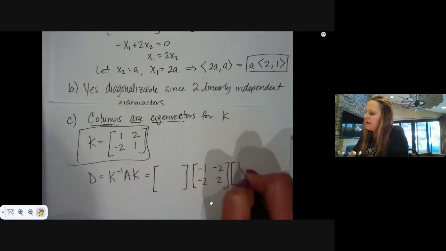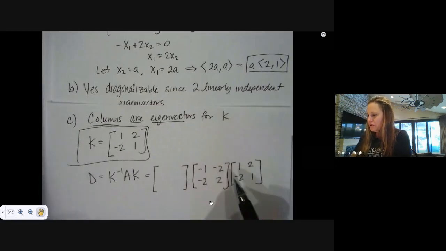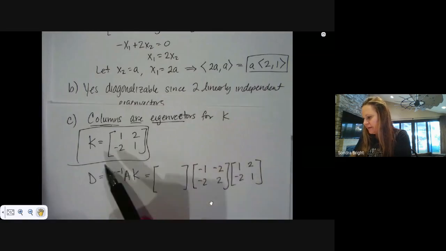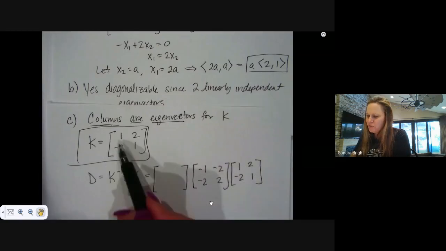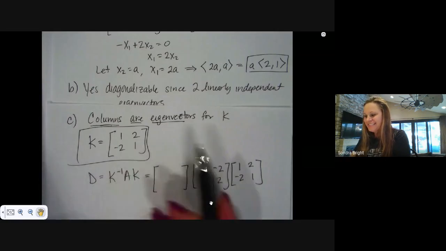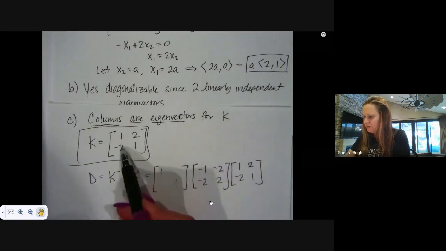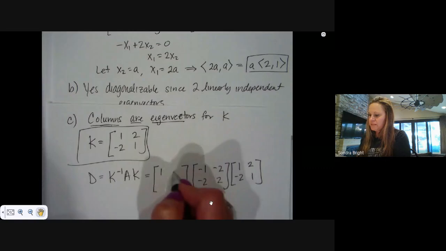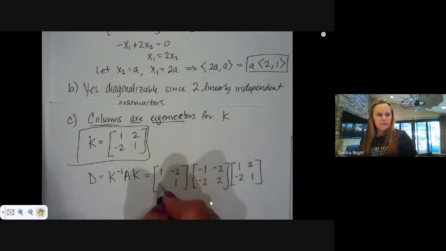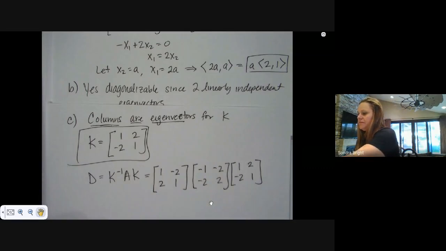And to find the inverse of K, if you remember, you switch the main diagonal entries. They're both 1, so it'll look the same even though I switched them. And then these two stay the same but opposite in sign. So this 2 becomes a -2, and this -2 becomes a 2. So that's how you find the inverse of a 2 by 2.